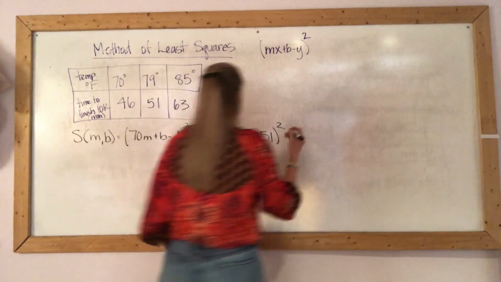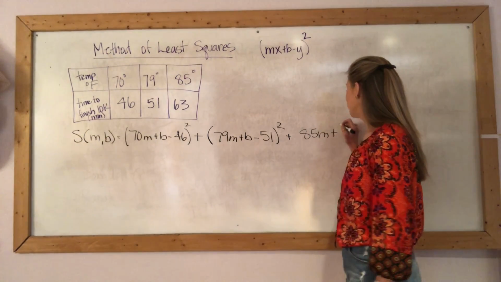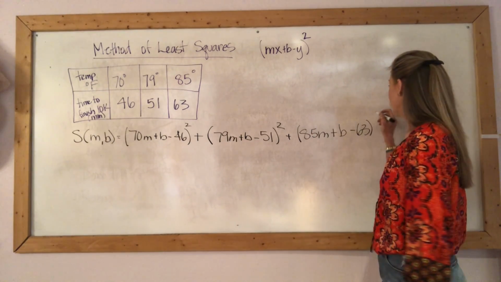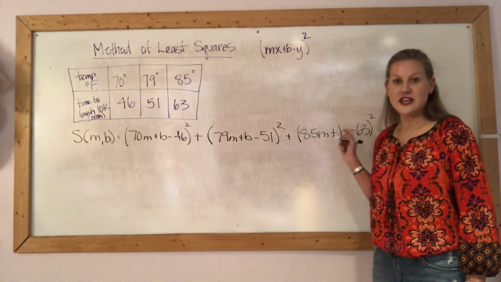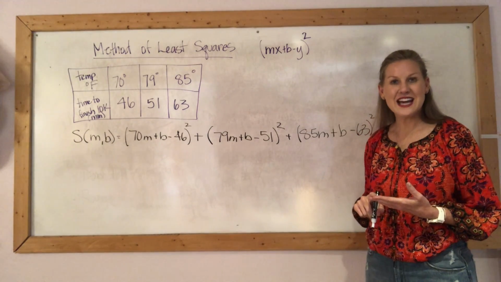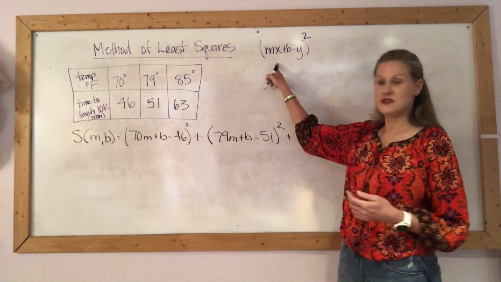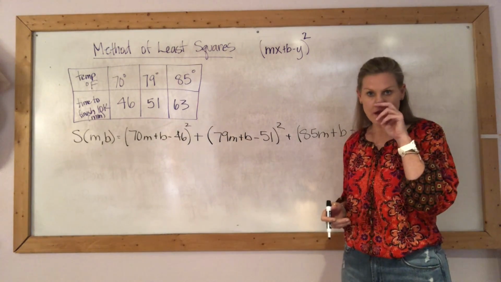And then lastly, 85m plus b minus 63 quantity squared. So that is the first step, to create the entire function S of m and b, and it uses this formula. Now I'm going to go to what I call step 2.